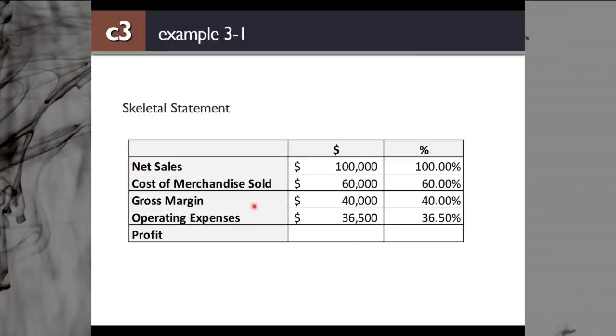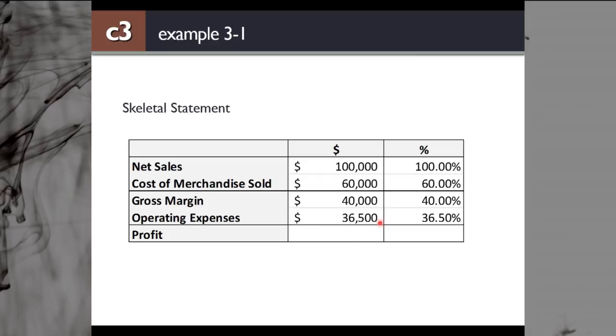So gross margin, which came from this, right? Net sales minus cost of merchandise sold. So you got the gross margin, and gross margin minus operating expenses will be profit. So here is that number. So $40,000 of the gross margin, so you have that, and operating expenses were 36,500.